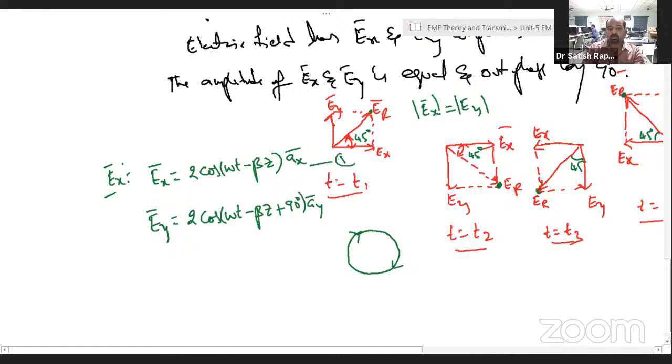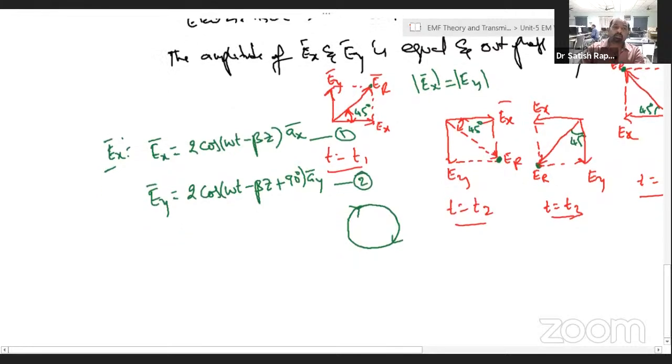Let us say this is equation 1 and this is equation 2, right?